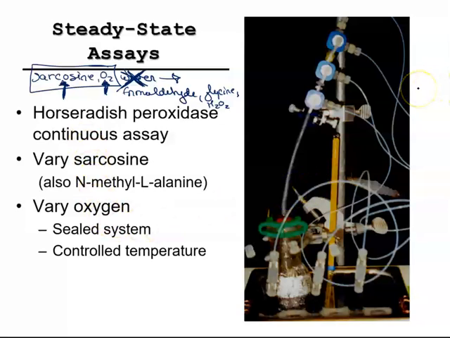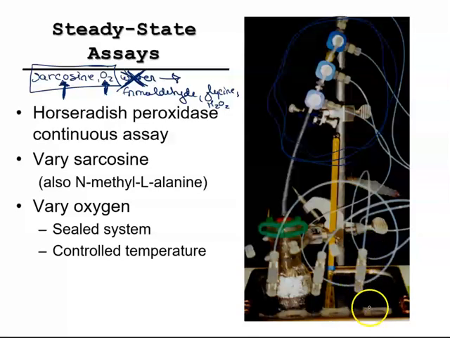And then you need a system to deliver the oxygen to your system. So I was pretty proud of this setup when I was a grad student. I made this. And anyway, the concentration of oxygen in a liquid is very temperature dependent, as is the rate of your enzymatic reaction. So you have to keep everything at a seriously constant temperature here.